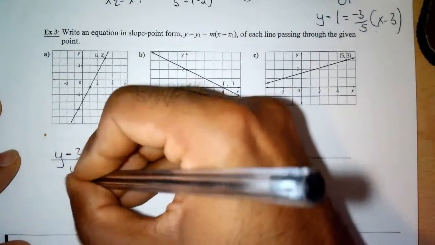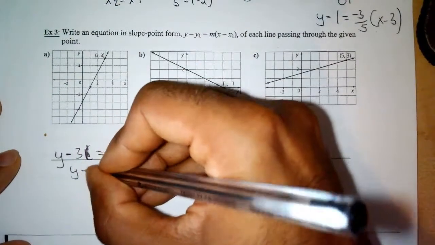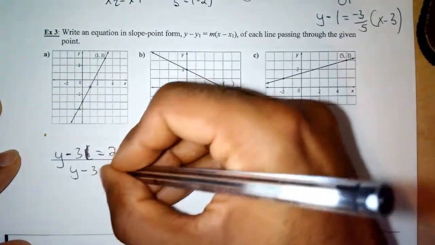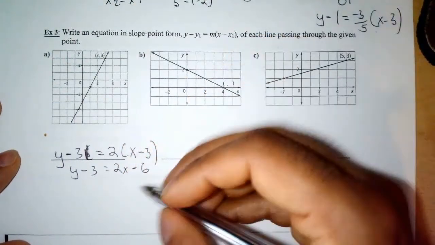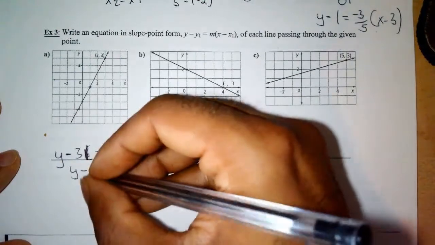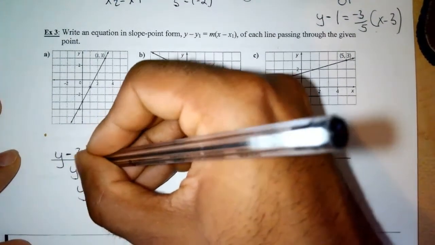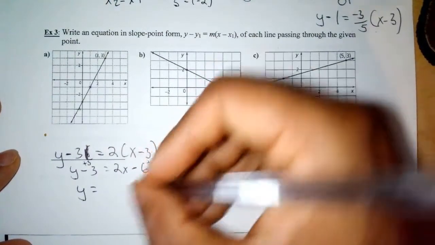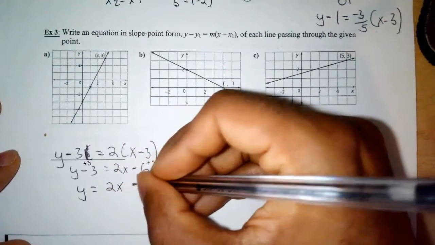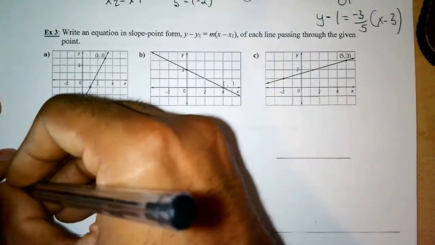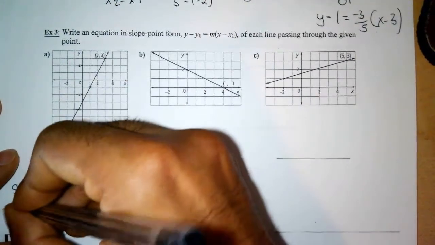It doesn't really ask us to do this, but now you just need the 3 on one side, so you plus 3 on both sides. So y equals 2x minus 3. So this is slope intercept form.